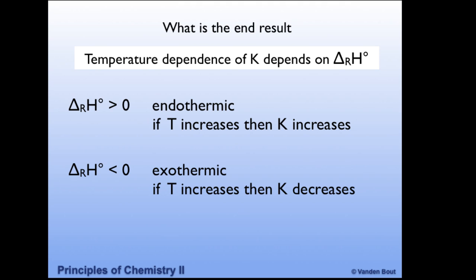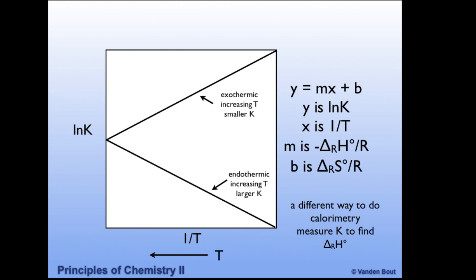The opposite happens for exothermic reactions. For exothermic reactions, as you increase the temperature, the equilibrium constant gets smaller and the reaction is going to shift back towards the reactants. We can plot this graphically, looking at the previous expression, where we had the natural log of K plotted versus 1 over temperature, and that actually makes a straight line. 1 over temperature is hard to think about. On the left-hand side, all the way at the axes, that's where the temperature is infinity.